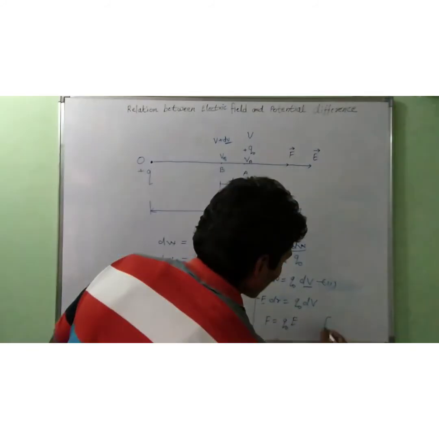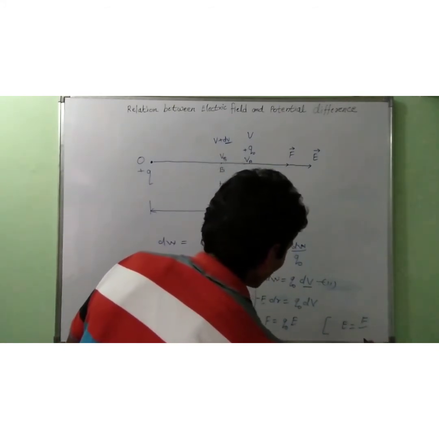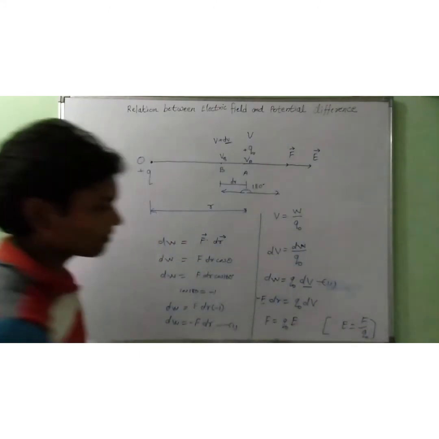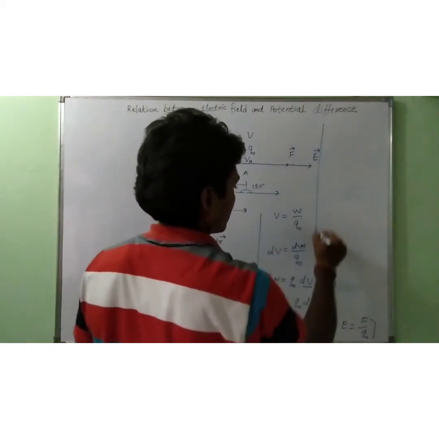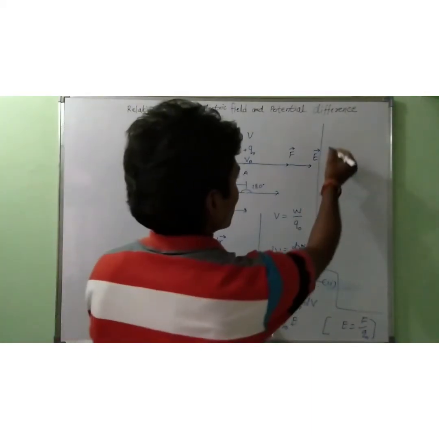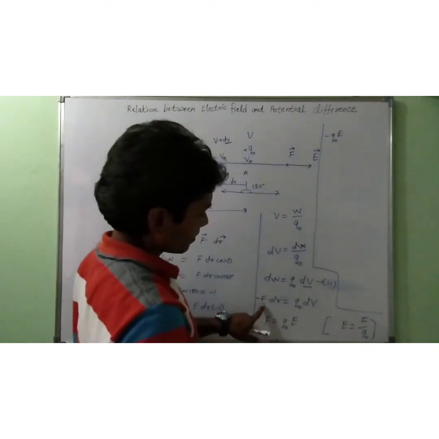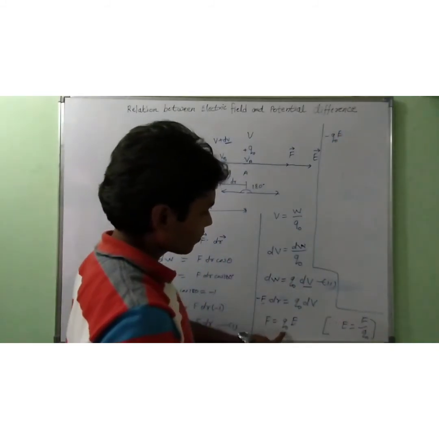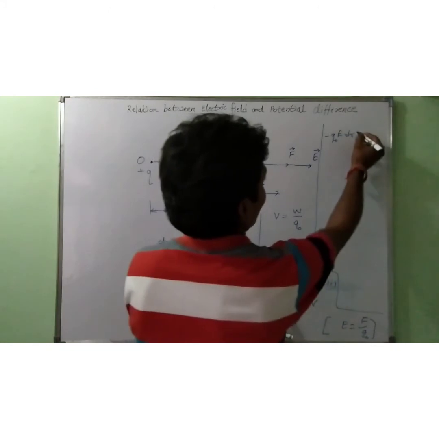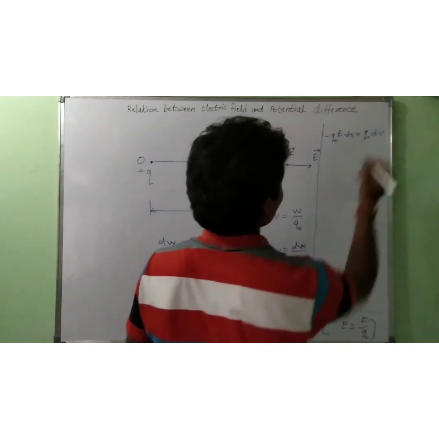This is from the formula E equal F upon Q naught. So this equation will be minus Q naught E, the value of F, into dr equal Q naught dV.